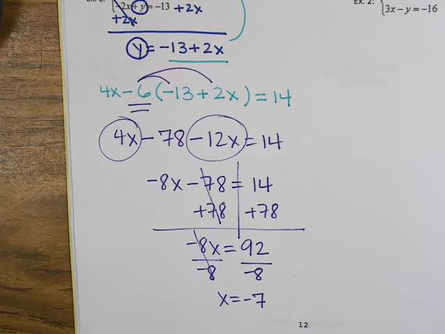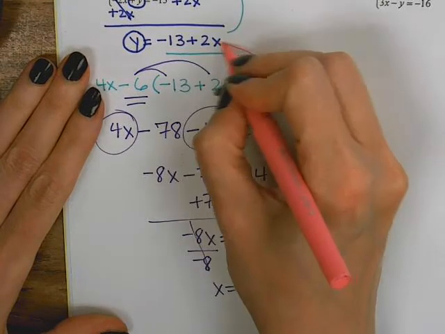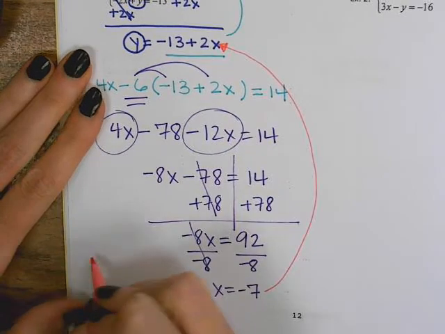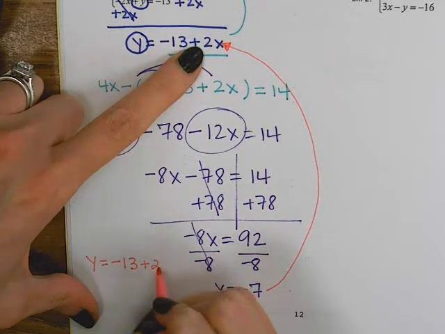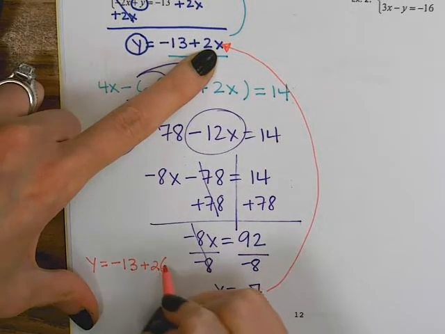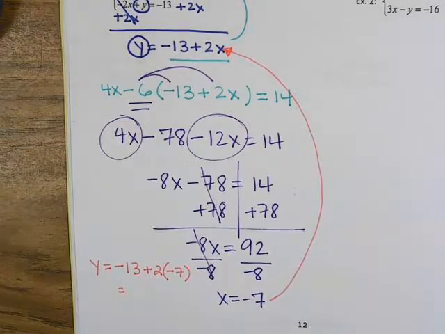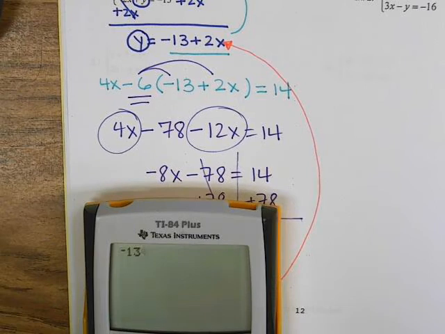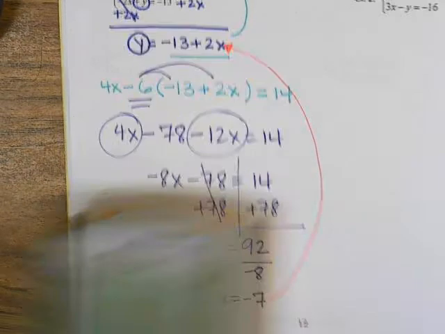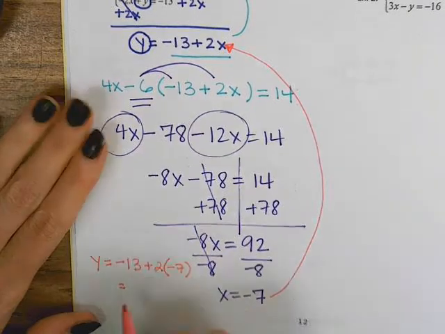And then we got to plug it back in to find y. So if x is negative 7, we can plug it in right here. And y is going to be negative 13 plus 2 times negative 7. And if you work that out in the calculator, negative 13 plus 2 times negative 7, that is negative 27.